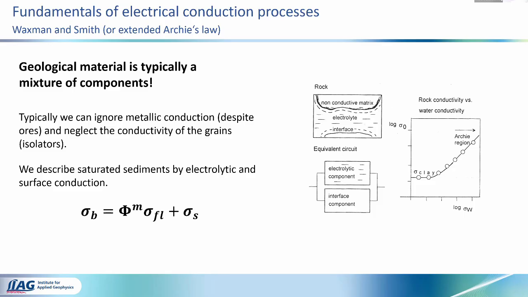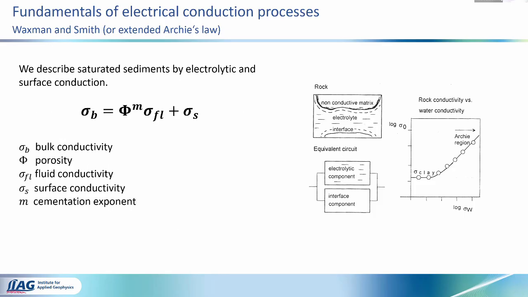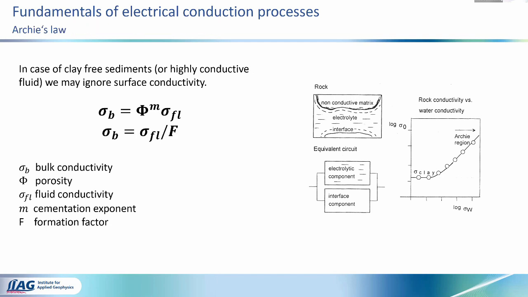That means most of the time when we are thinking about measuring salinity in marine environments, we can concentrate on this term and forget about the second one. So then this is more or less what I said already. It's just giving a name to the variables. So bulk conductivity, porosity, cementation exponent, those are the things that I already explained.